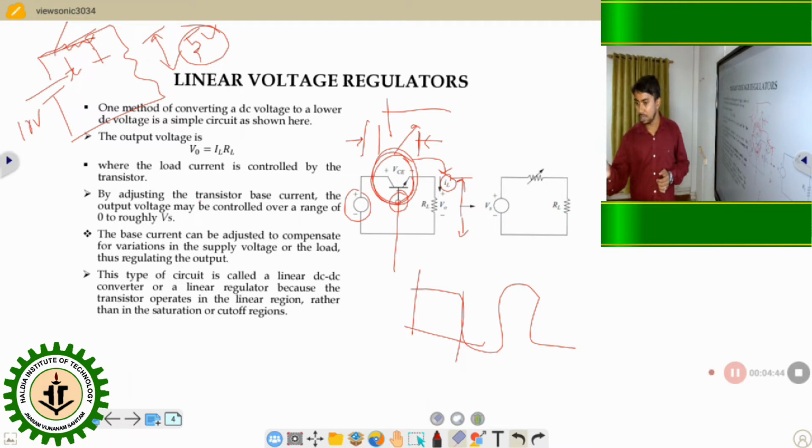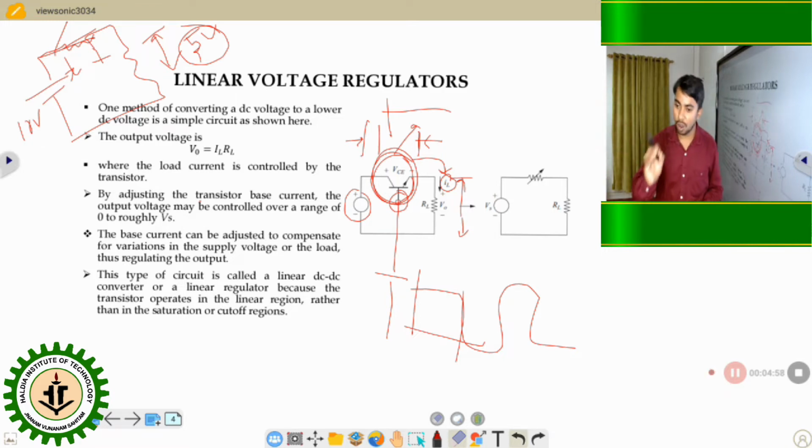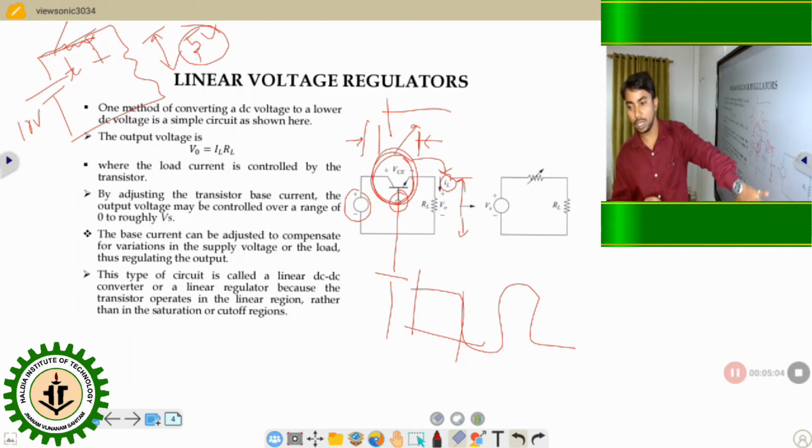By using these regions we can reduce the losses. Our assumption is that the switch must be an ideal switch, but that is not possible. There must still be some voltage drop and some power loss, but it is very minimal. So we can improve our efficiency by using a switch mode DC-DC converter.